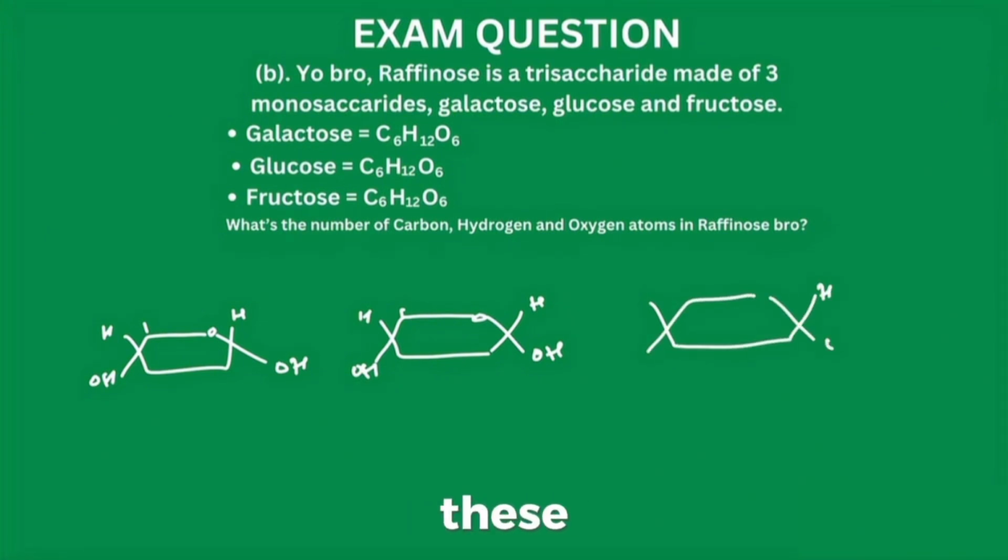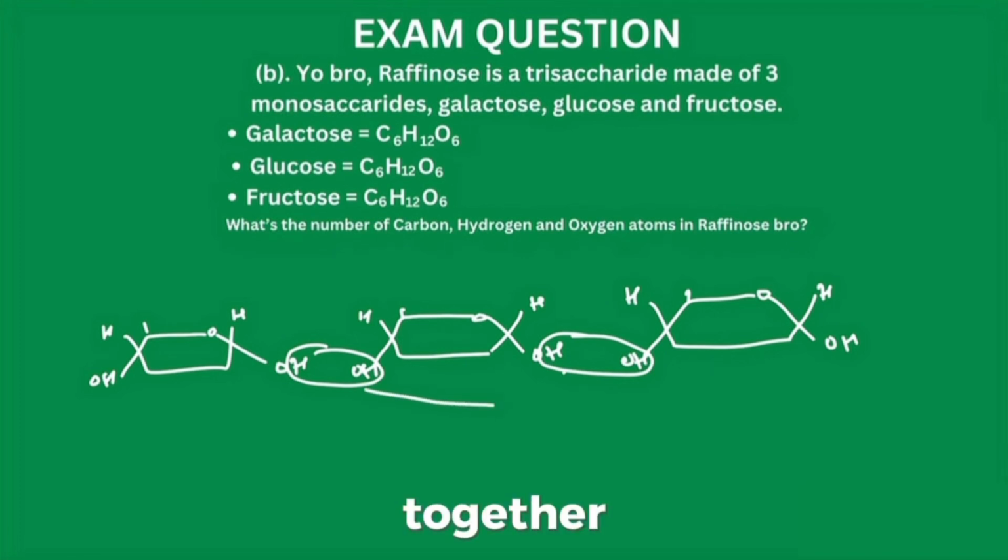So I've got these 3 drawn out. Now what do I do? I simply combine these hydroxyls together to form my glycosidic bond. I leave out the oxygen because that's what forms the glycosidic bond. So I put them all together.